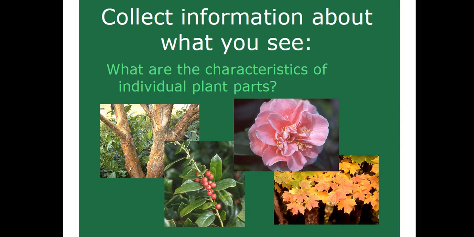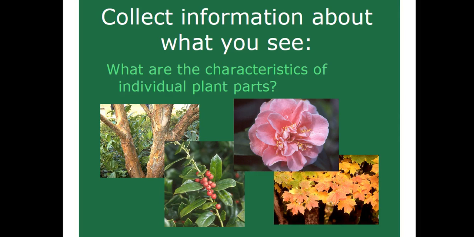Look at other characteristics of individual plant parts, like the bark. Is it in one layer? Is it shedding bark? Look at the fruit. Does it have fruit or not? Look at the leaves. Do they come to a point or not? Are they thick and waxy or not?